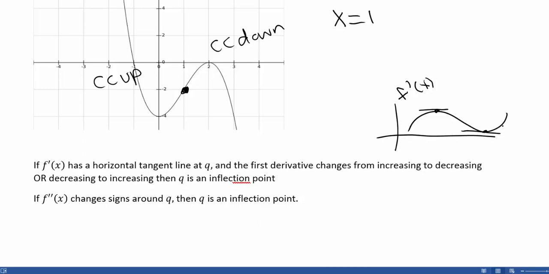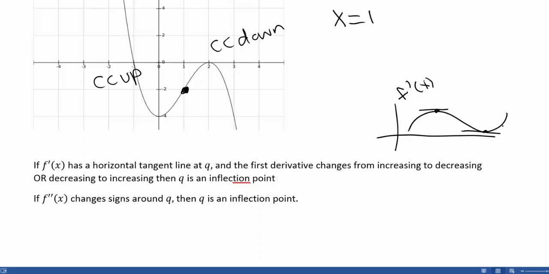So if the first derivative is increasing, the second derivative is positive, which means that the original function is concave up. If it's then decreasing, the second derivative is negative, and the original function is concave down.